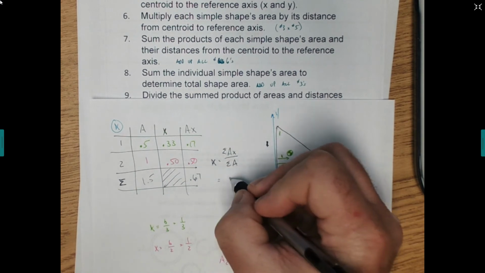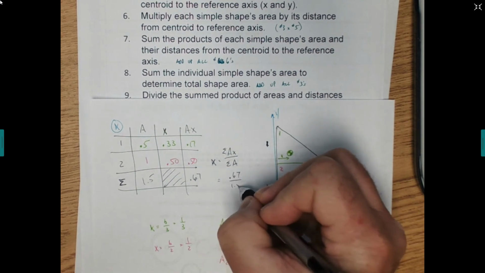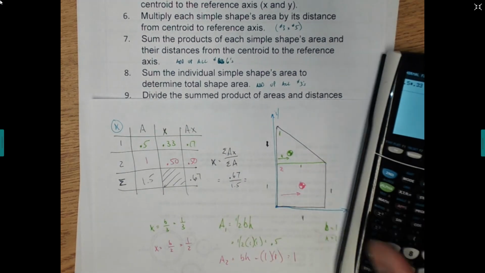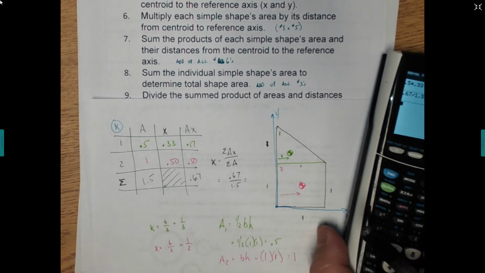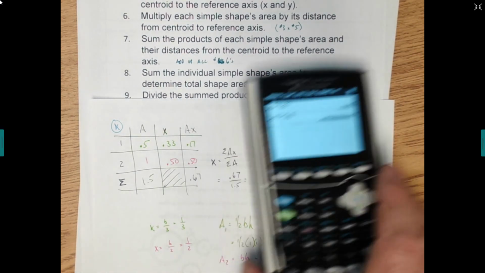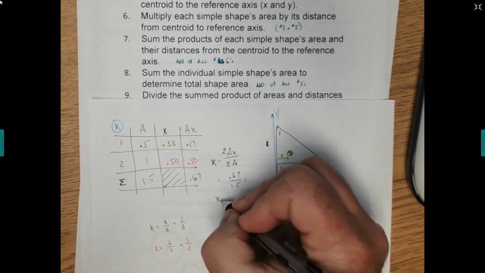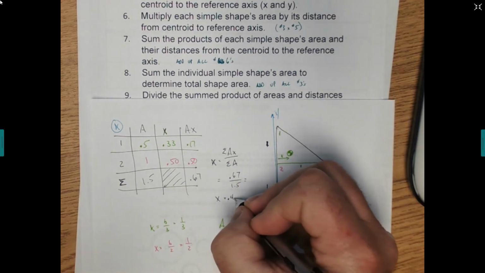So that's 0.67 divided by 1.5, and we get 0.446. We'll call it 0.45. So my x for my centroid is 0.45.